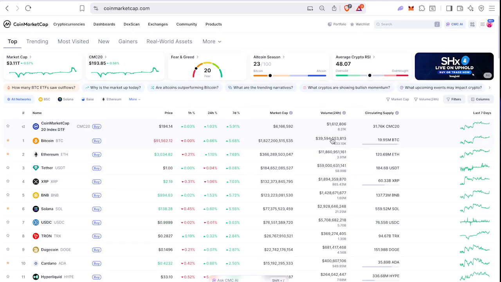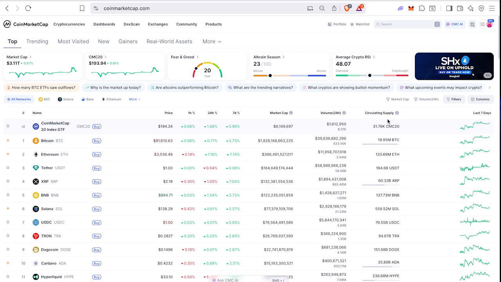The higher this number is relative to its market cap shows you how healthy and how powerful a project might be. Don't be afraid by this number. It just shows the higher it is, usually the more stable it is. But there could be other factors that influence this, such as timing of the project's release, how much is being manipulated by bots and things like that. But we'll get into that in future videos.